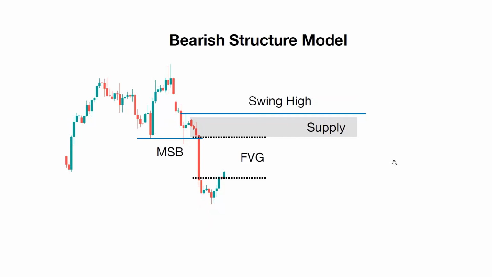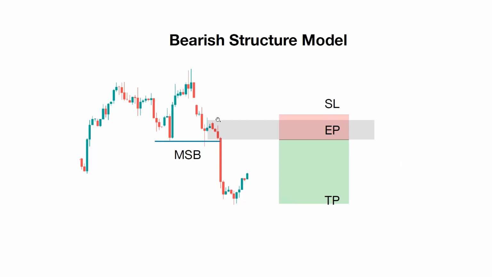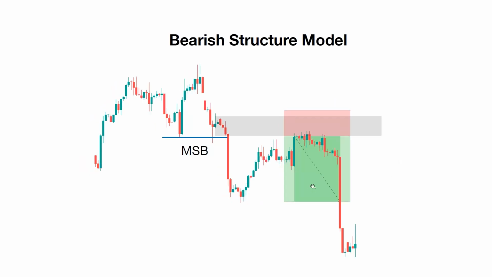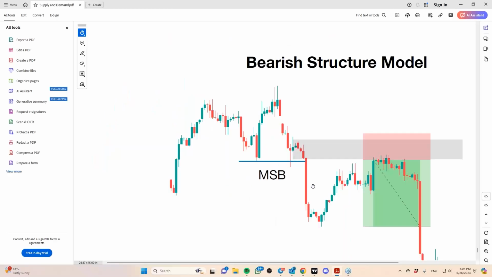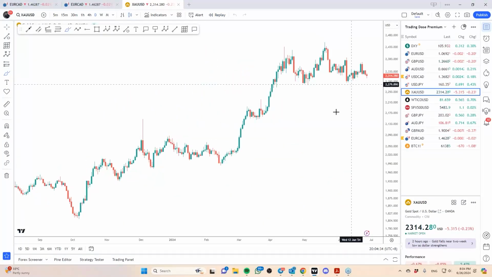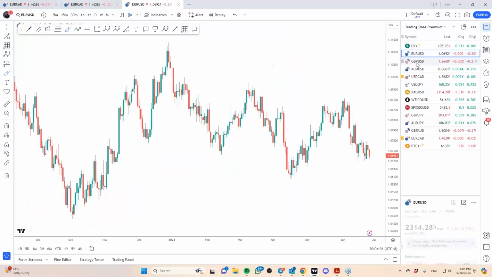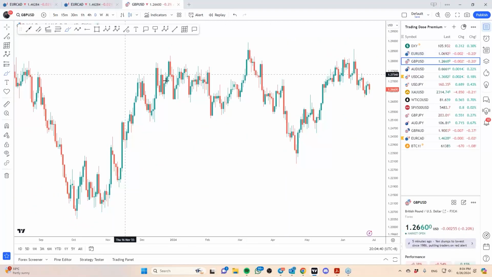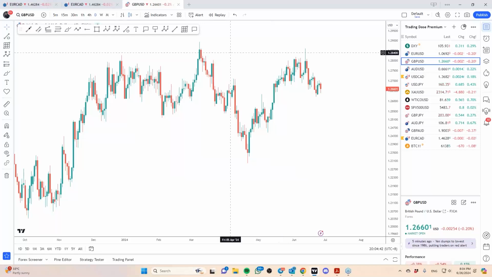Fair value gap, order block, entry at the order block, stop loss just above that swing high.